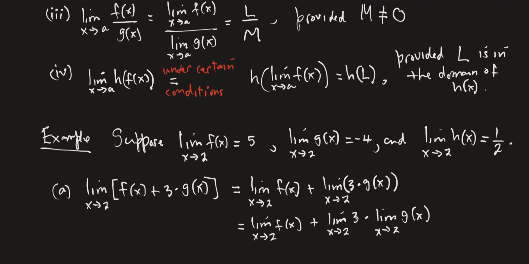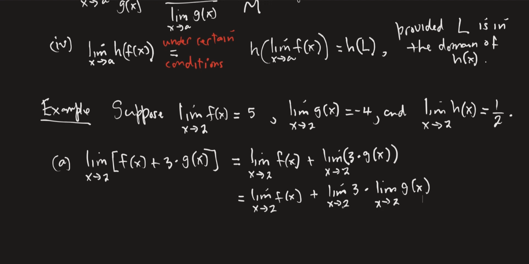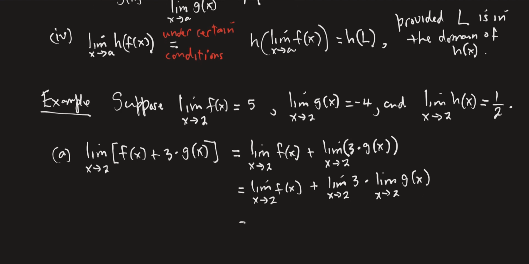But because 3 is a constant, think of the graph of a constant function: it is a horizontal line and it's always at the same y value. So we know that this limit is always going to be 3, right? So that would be my next step. And again, I'm showing the solution step by step and walking through the thought process so you can see how each step comes about.